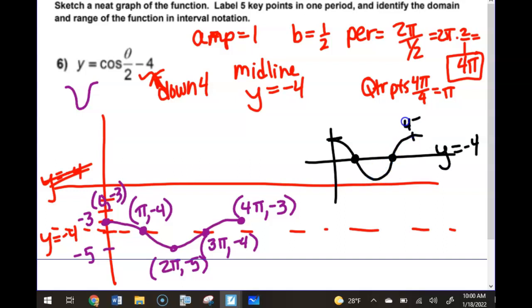So this would have been 4 pi, 1 above -4 would be -3. This is 1 pi midline, 2 pi minimum, 3 pi midline, which is exactly what I have. It makes it easier for me if it's not ever looking like the x-axis, but you can do either one.